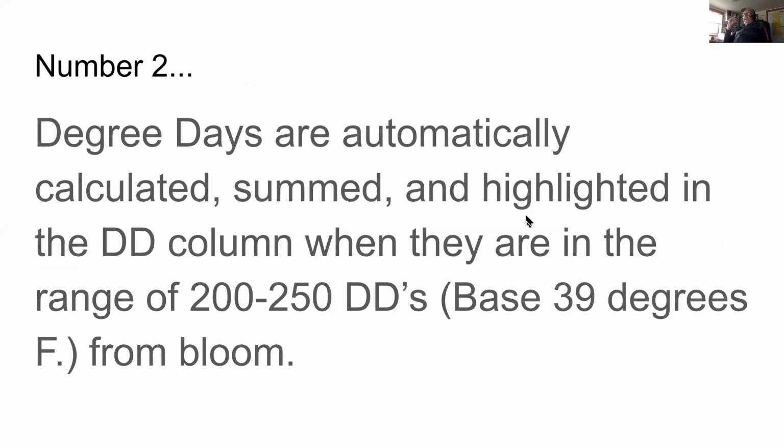It's a change. The second change, that after many years of research that Robinson et al. did at Cornell, they realized that after a certain degree day accumulation, base 39 degrees, simple high-low average, I believe, from bloom, about 202 to 250 degree days seemed to give the best thinning results.